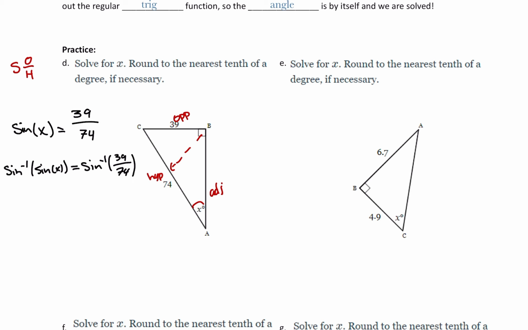Now the inverse sine and sine are going to cancel each other, and I'm going to be left with x is equal to the inverse sine of 39 over 74. This is something I can plug into my calculator, and when I do, I get x is equal to 31.8 as my angle.